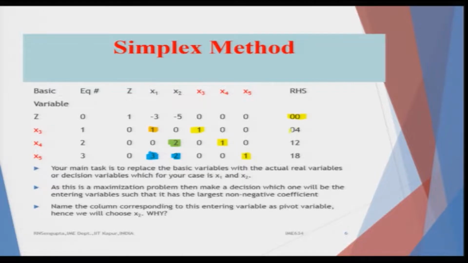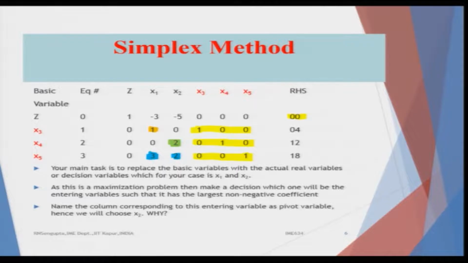Now, let us pause and look at this matrix. What is it? It is an identity matrix. So, what we want to do is convert, because x3, x4, x5 are the basic feasible solution from where it is starting.